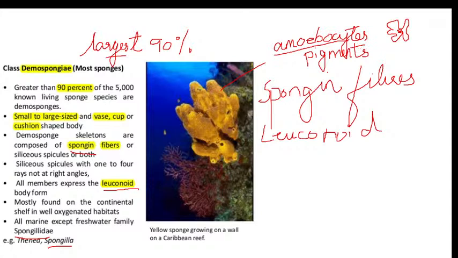So these are the group of sponges which are colored. The colored sponges come under Desmospongiae. The amoebocytes are the cells which are found in the mesoglea, and the amoebocyte cells have pigments.